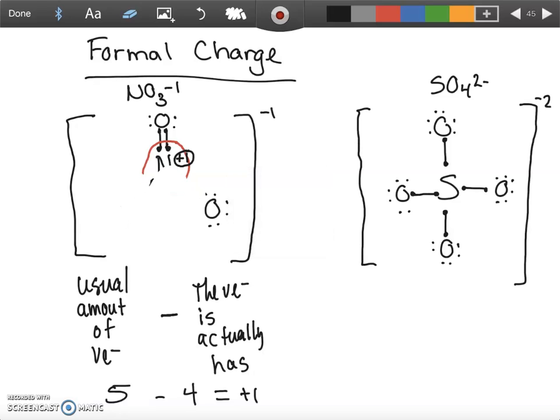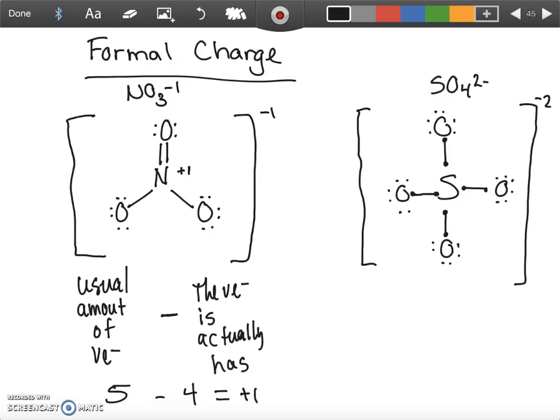I'm going to go ahead and rewrite this Lewis dot structure so that that circle is gone, with the +1 charge on it.